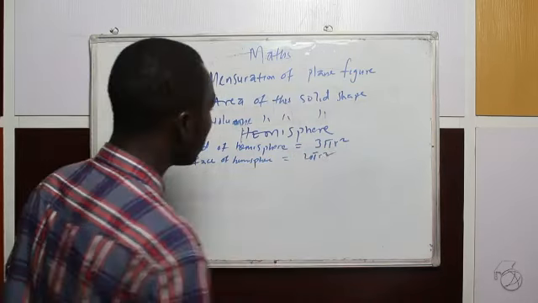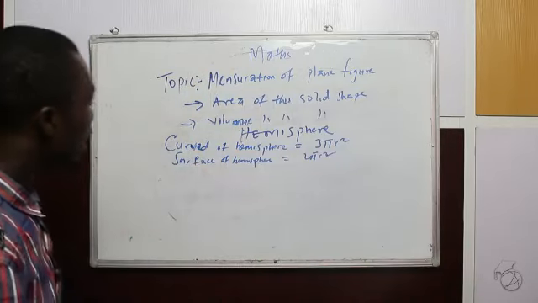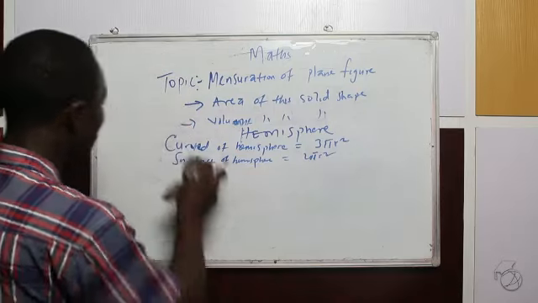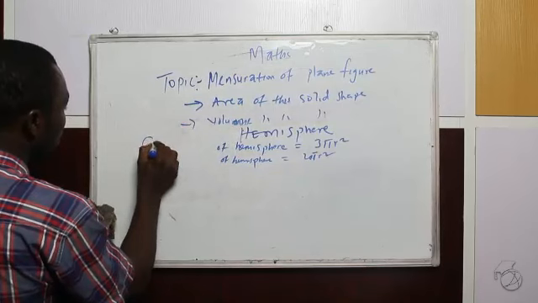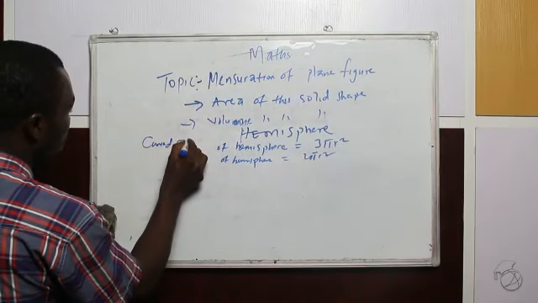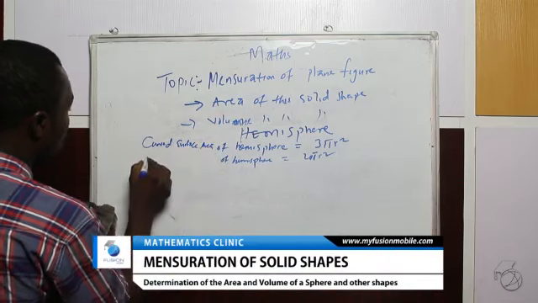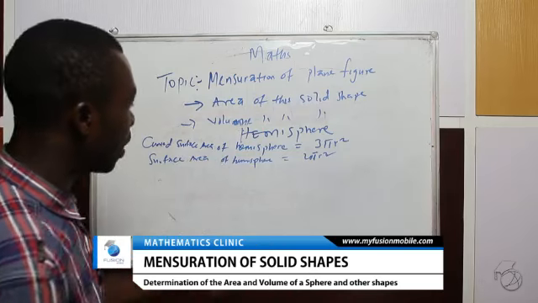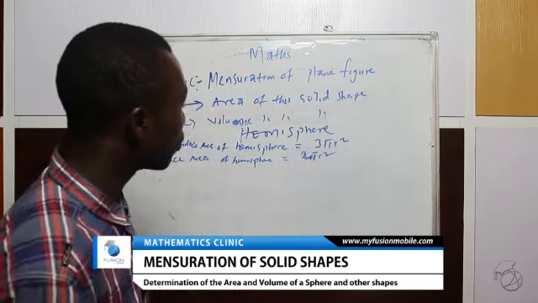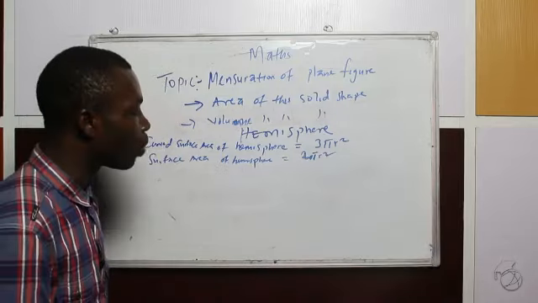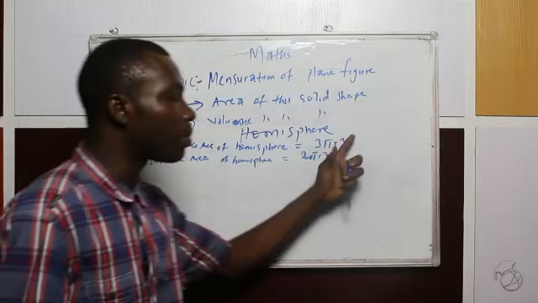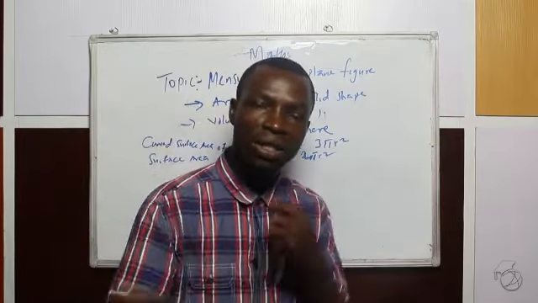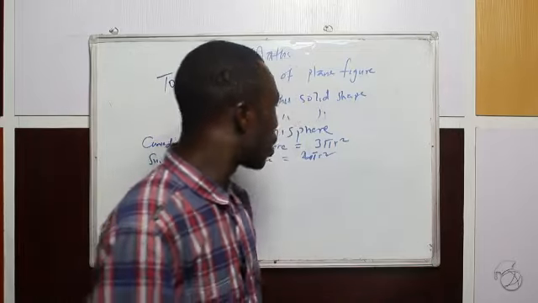So now, curved surface area and surface area of hemisphere are different. We have 3 pi r squared, and then the surface area is 2 pi r squared. So please don't make the mistake of exchanging the curved surface area of a hemisphere with the surface area of either a sphere or other shapes.